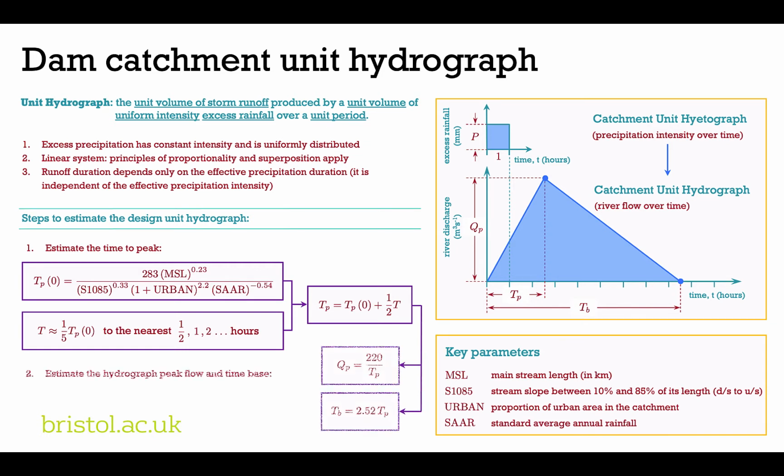And following that, the peak flow and the time base of the hydrograph are found directly as functions of TP. And here you should note that the QP has units of cubic meters per second per 100 square kilometers of catchment per 10 millimeters of excess precipitation. And that's how we find our dam catchment unit hydrograph.